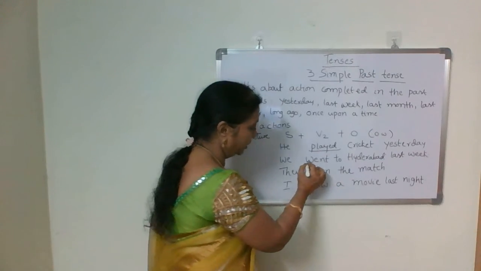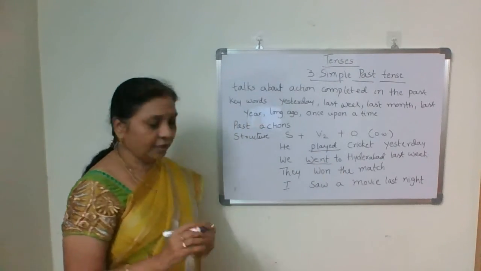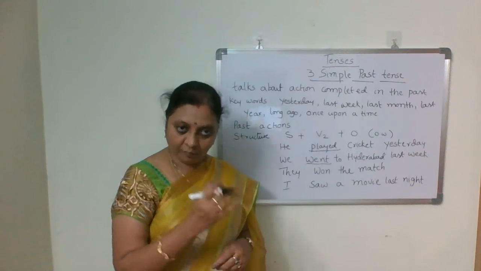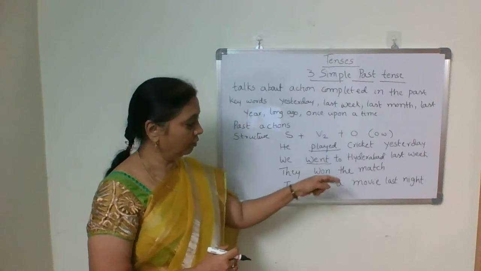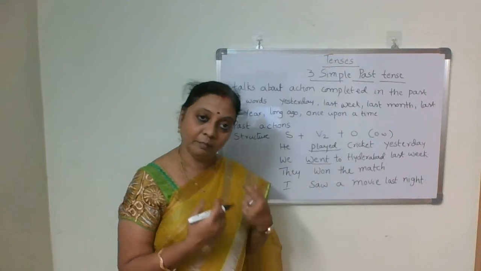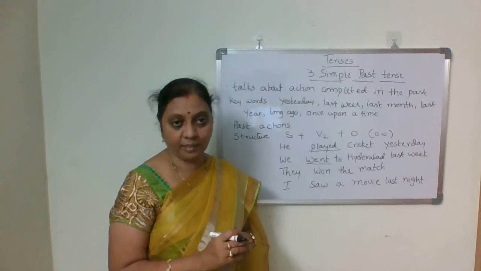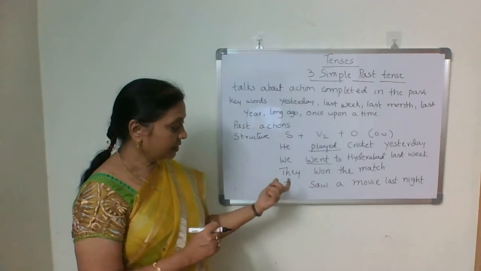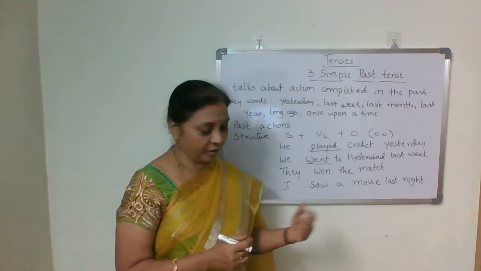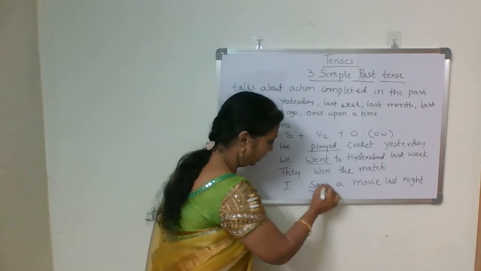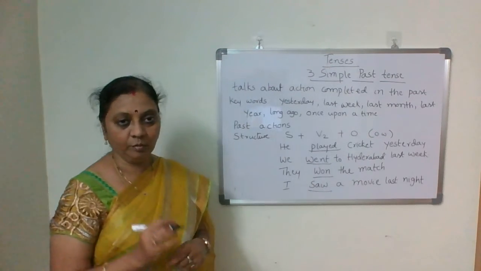Go, V1, went, V2. They won the match. Win, V1, won, V2. Also a completed action. I saw a movie last night. See, saw. All these are V2 words.